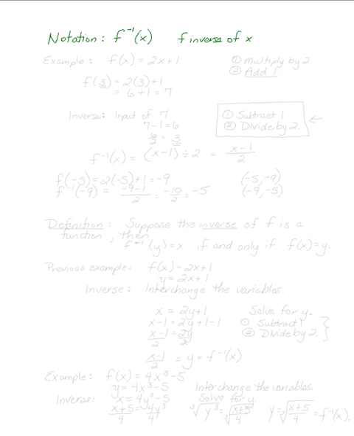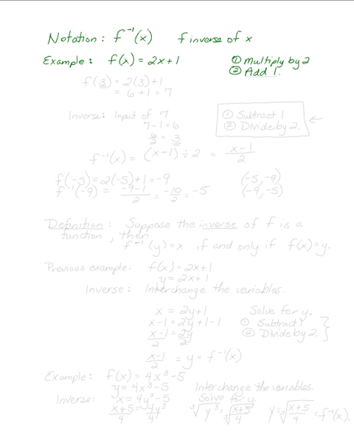Okay, now moving on, what I'd like to do is to find the inverse of a function. So for example, if we have f of x equal to my function I had earlier, which was 2x plus 1. Now what we know is in order to use this function, we're going to take a number x, we're going to first multiply it by 2, and then secondly, we're going to add 1 to that number.